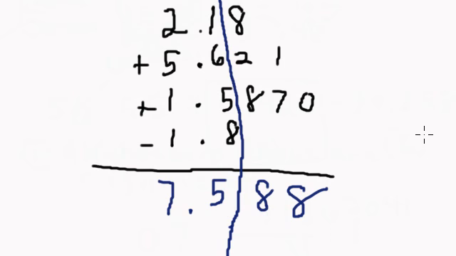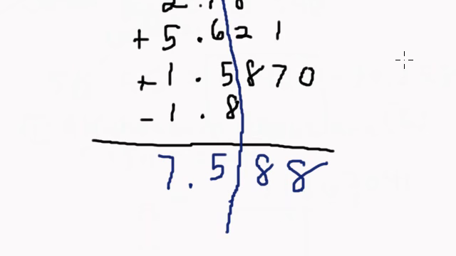And now I'm going to explain to you what this line is for. When you're adding and subtracting significant figures, the line tells you how many decimal places you keep. In addition and subtraction, you keep the least amount of decimal places, so this problem can only have 1 decimal place, and that's why this line is there, to tell you that 7.5 is the only thing that you're going to keep out of this.